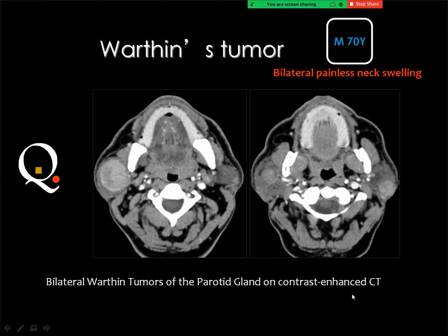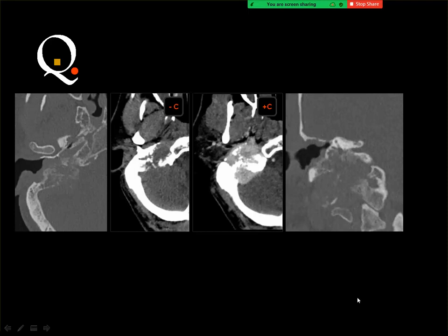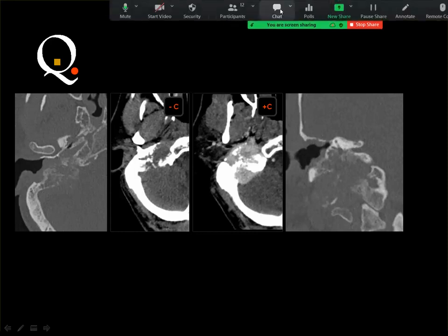It can occur at any age, and they are usually well-defined, homogeneously enhanced, may occur bilaterally, and can also be of variable size. This is a CT scan of the petrous bone, axial bone window, axial non-contrast, axial post-contrast, and the coronal bone window.